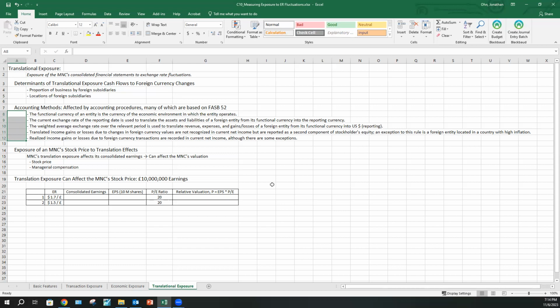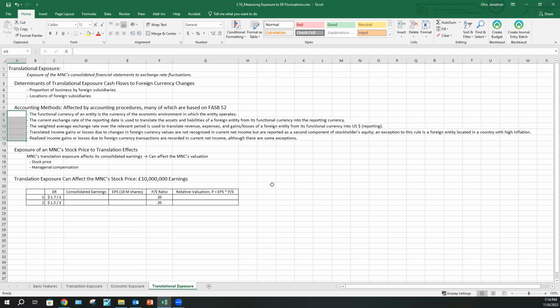The functional currency of an entity is the currency of the economic environment in which the entity operates. The current exchange rate at the reporting date is used to translate the assets and liabilities of a foreign entity from its functional currency to its reporting currency. The weighted average exchange rate over the relevant period is used to translate revenue, expenses, and gains and losses of a foreign entity from its functional currency into US dollars.